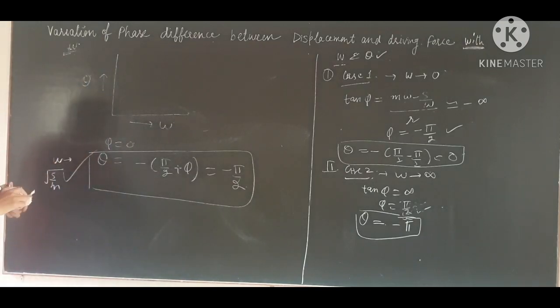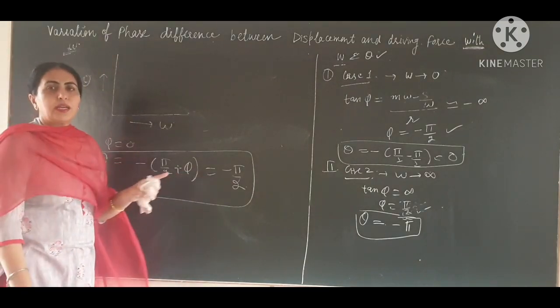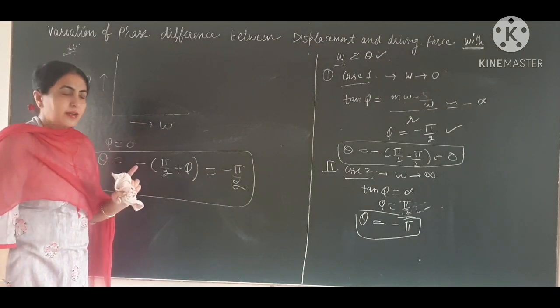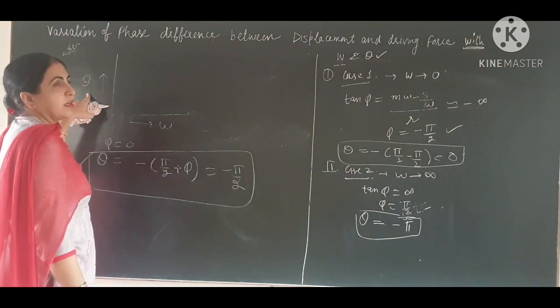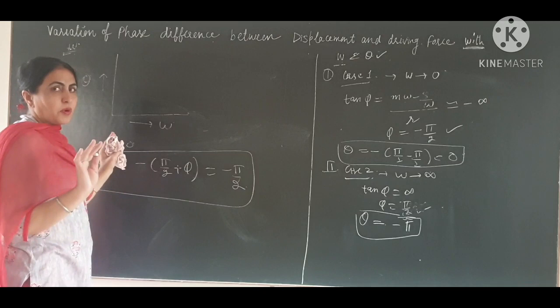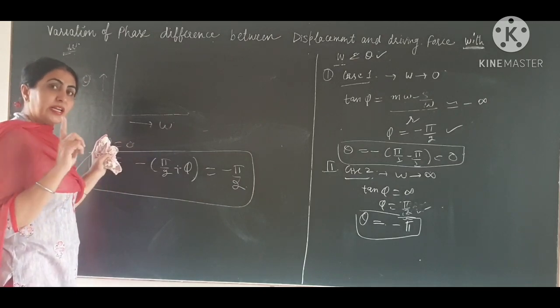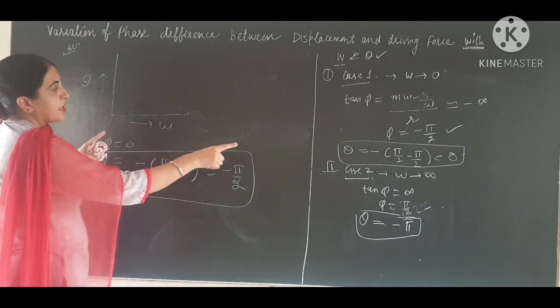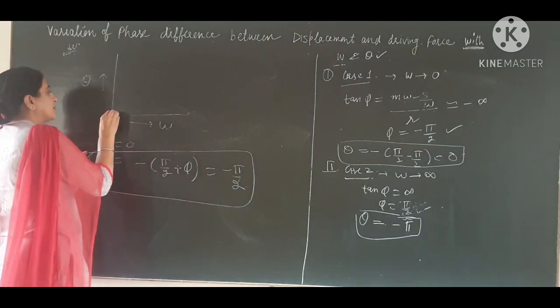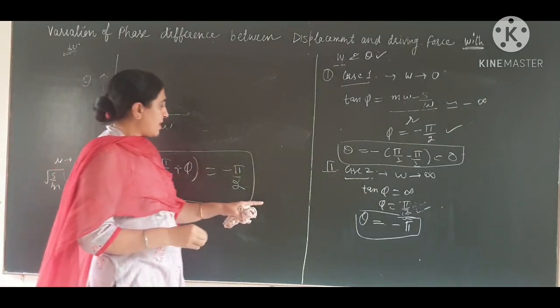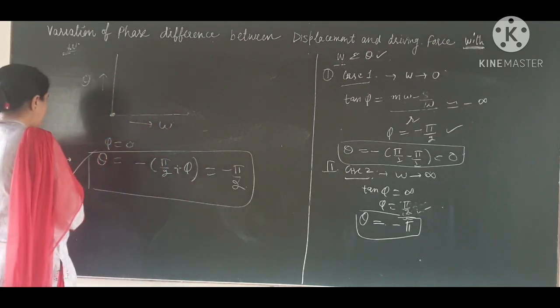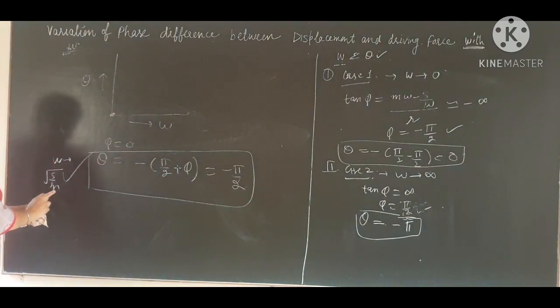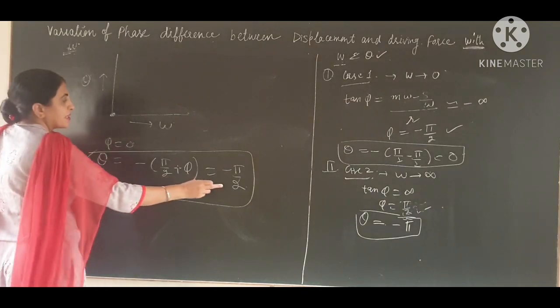When you plot a graph, the minus sign only shows leading or lagging. It does not affect theta, so theta is positive. So when omega is 0, theta is 0. This is the first point. When omega is under root s over m, theta is minus pi by 2.